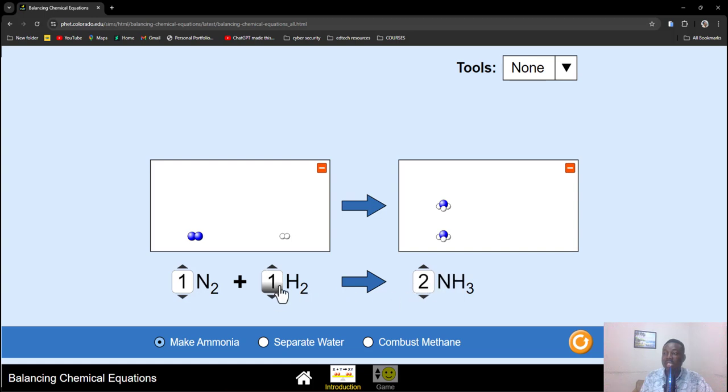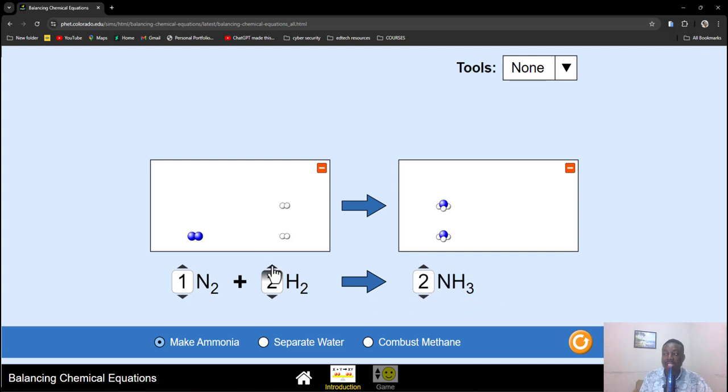Now how do we make the hydrogens here 6? Because nitrogen here is already 3, which means we don't need any extra nitrogen to be added to get our equation to be balanced. So what number can I add here that will make this hydrogen here also 6?